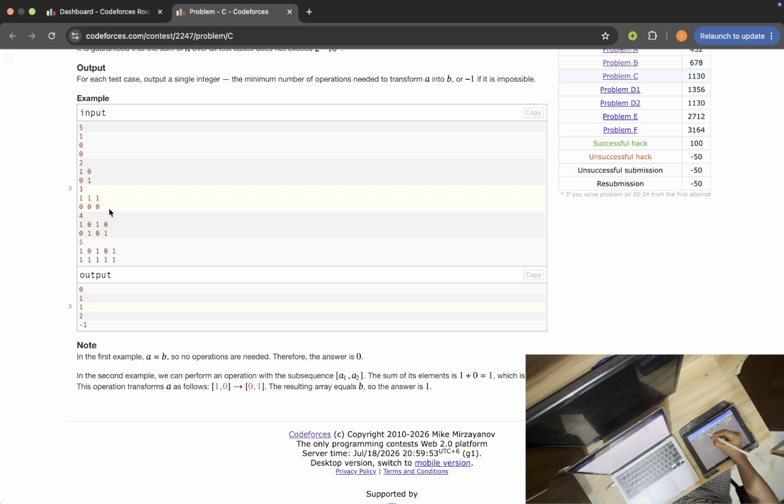And yeah, in one operation, if the values are all 1s, I can make all of them 1 and 0, 1, 1, 1, 1. And this 0 is the problem. It's not possible.